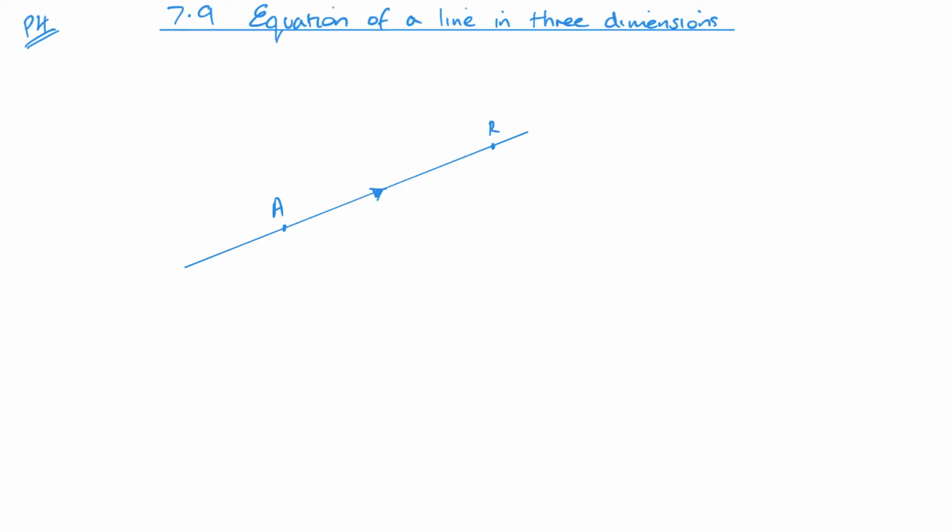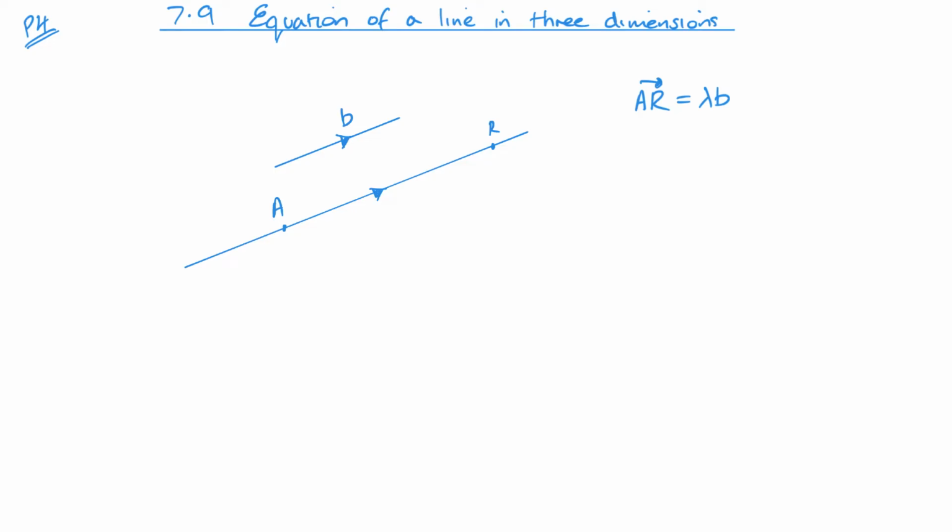And the line that passes through A is going to be parallel to vector B. So that's my start. So we've got a point A that we know. We've got a vector passing through it that is parallel to B. So initially what we can say is that the vector AR is some multiple of B. Okay, hopefully that makes sense so far.